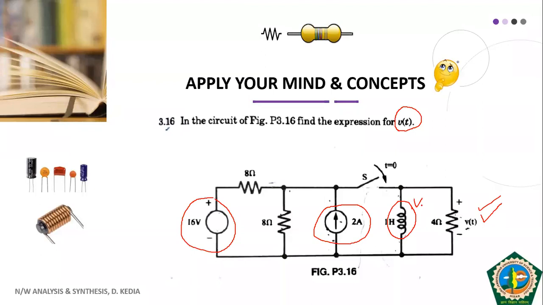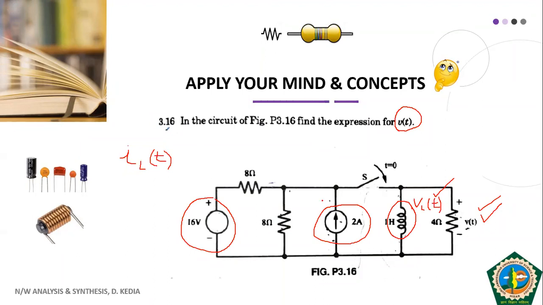So indirectly we have to find out the value of VL(t). As I told you previously also, this is an indirect calculation, but through equations, we know that we will first have IL(t). So first we will find out IL(t) and then we will move to VL(t). This will be the sequence of things for this numerical.